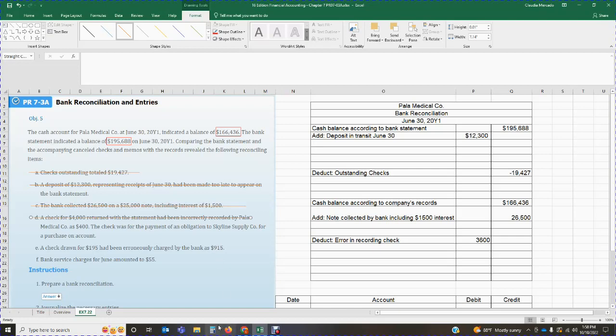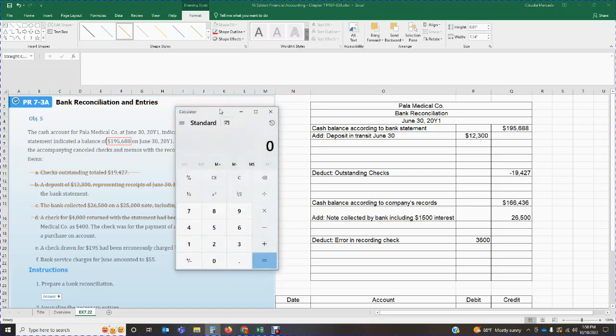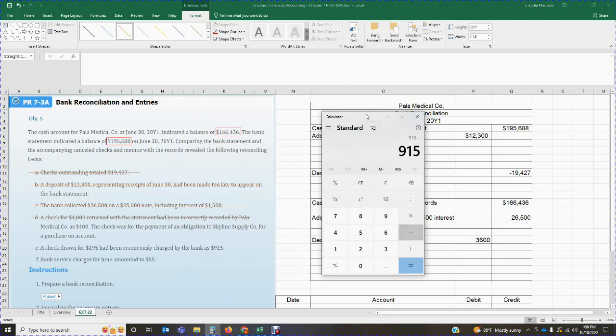Let's see how much exactly. $915 minus $195. The bank took away $720 too much from my bank account. So I need to put $720 back into my account.